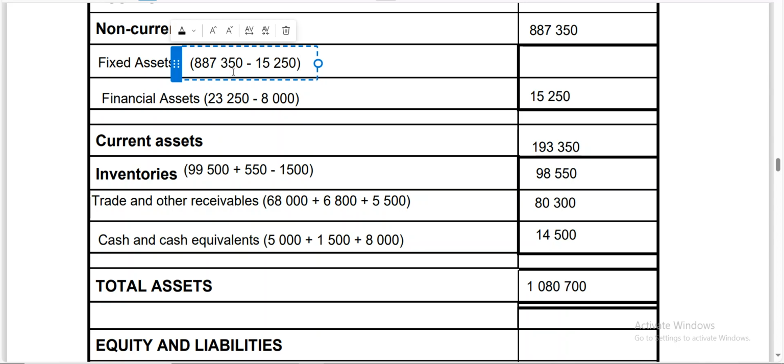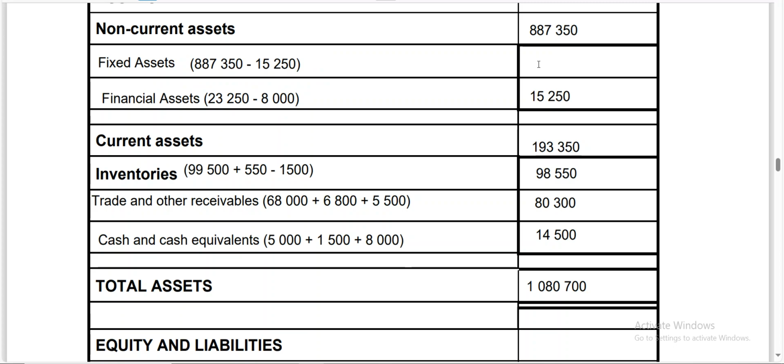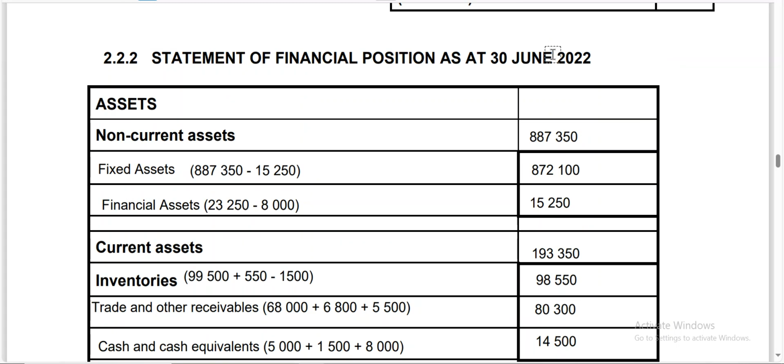Then it will give us the balancing figure of our fixed assets. So let's see how much we're going to get. 887,350 minus 15,250 is giving us 872,100. So our balancing figure here is 872,100, and this is how, guys, you do a balance sheet.